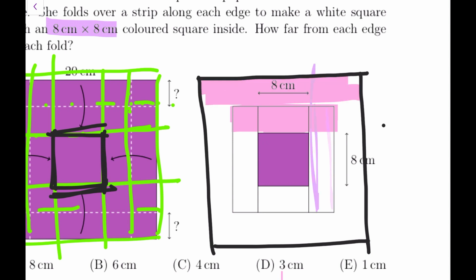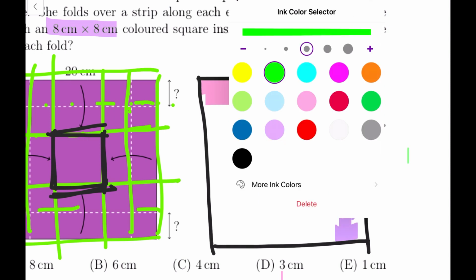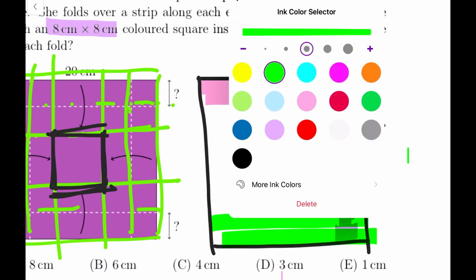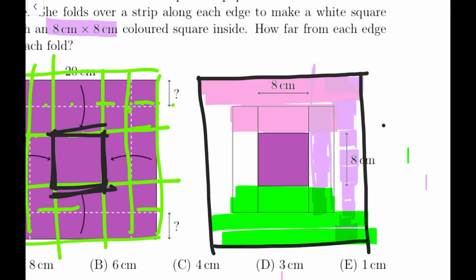This strip came from here. And similarly, you can keep going on. So this strip came from here, this folded along. And then the other one, let me just make one more, and this part folded from this side, as we talked about before.